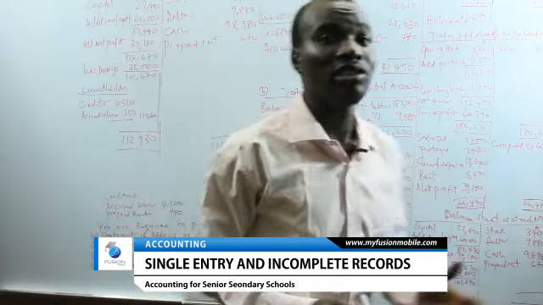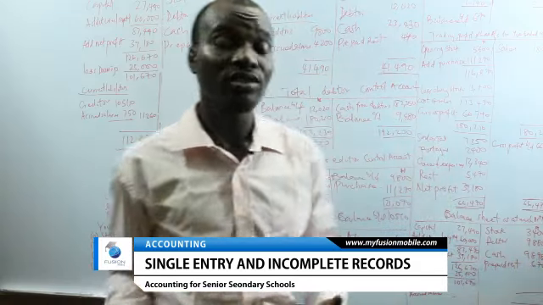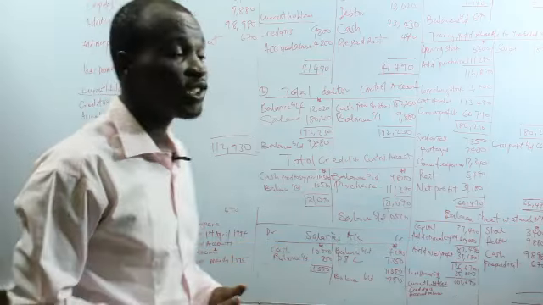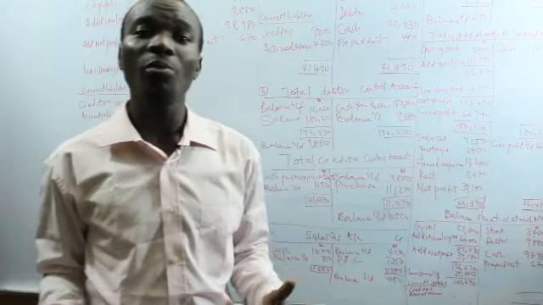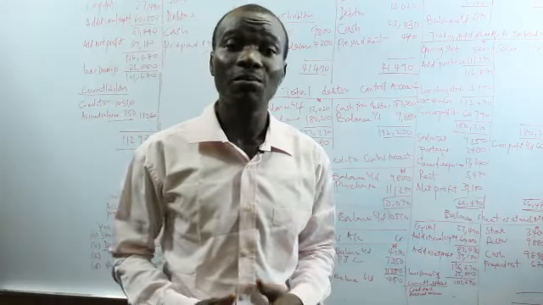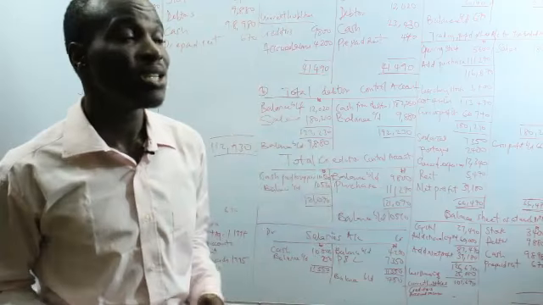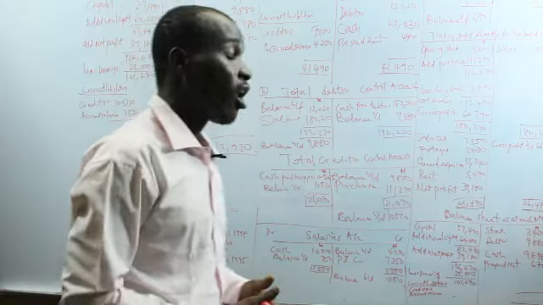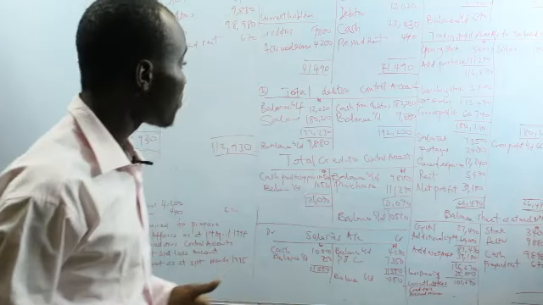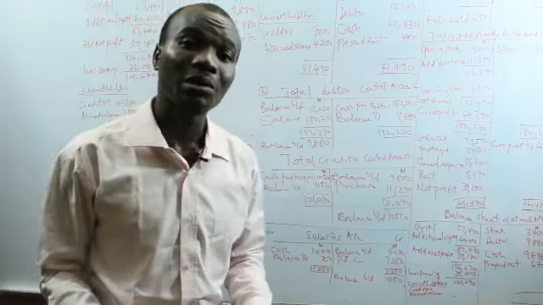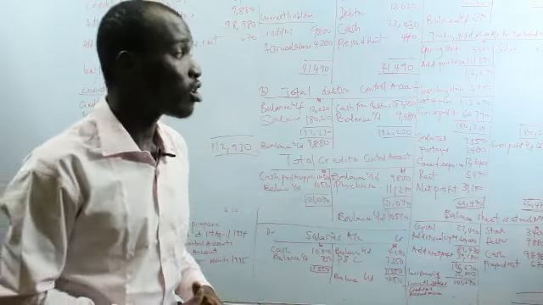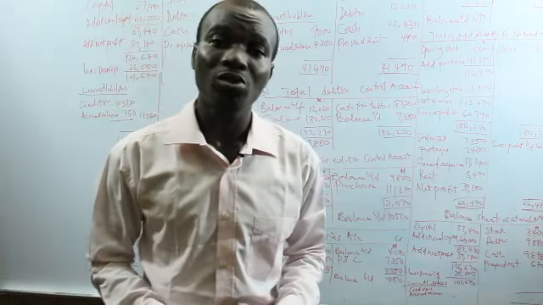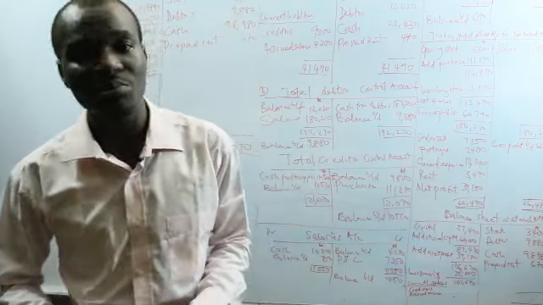So this is an interesting topic. From single entry, we are able to calculate the profit by converting the single entry to the double entry principle, which enables us to prepare the trading profit and loss account. Through the conversion, we prepare the total debtor control account to calculate our sales, and the total creditor control account to calculate our purchases within the period.